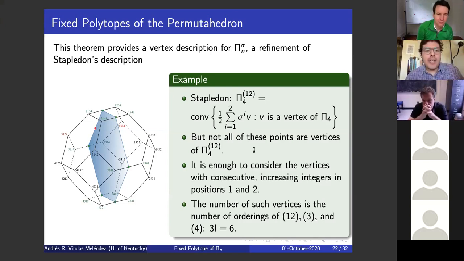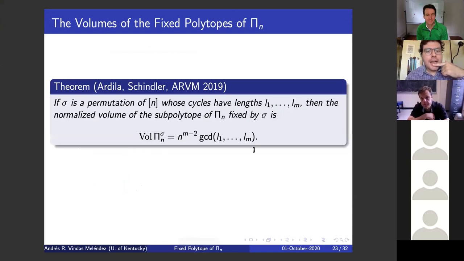And so, I showed you the Ehrhart polynomial for the standard permutahedron, and we figured out what its volume was. The volume is n to the n minus 2. And so our theorem now gives a volume for these fixed polytopes.